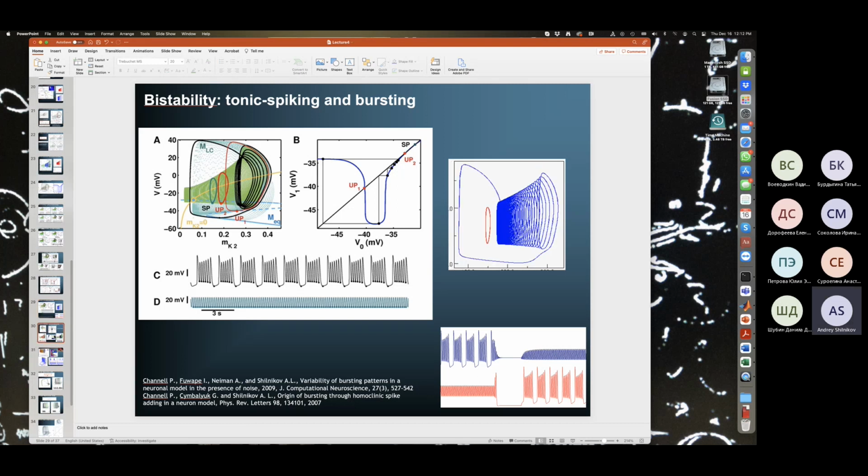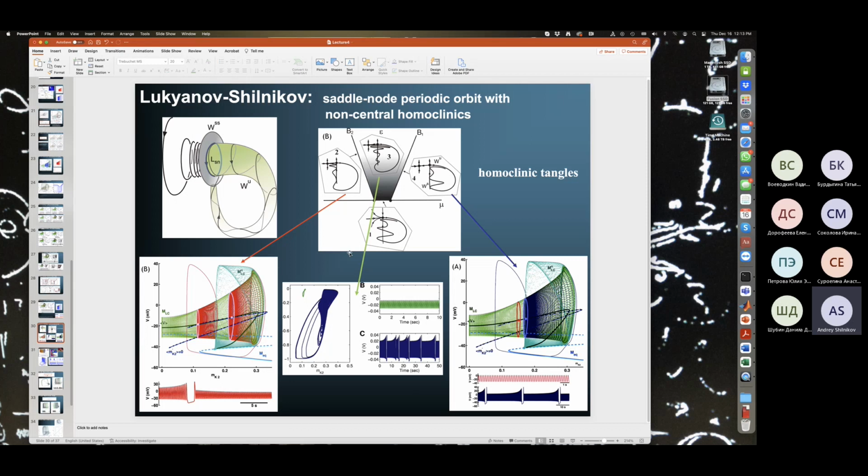Okay, so speaking of the other bifurcations, we talked about the blue sky catastrophe, right? And this was actually the original model when I found and analyzed the Lukyanov-Shilnikov bifurcation. Again, this elephant with the hobbit, right? So that's how it works. It's the same story. I showed you these pictures, right?